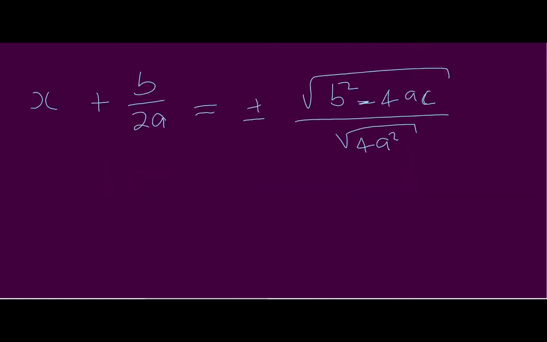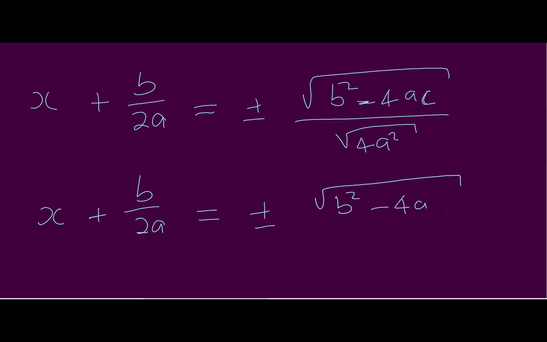And then from here we're going to have x plus b over 2a equals plus minus the square root of b squared minus 4ac, divided by 2a, because the 4 becomes 2 and the a squared becomes a.